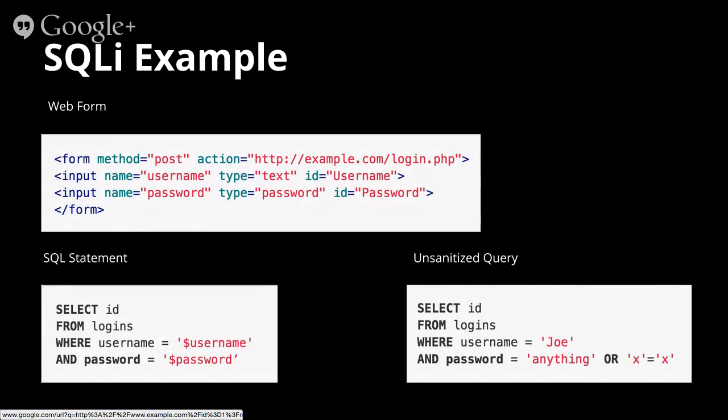So regardless of what password we have, assuming Joe is a real user, because we have an and in that statement, this is going to return true. And what's going to happen in our web app? We're going to be logged in without the password. Exactly.